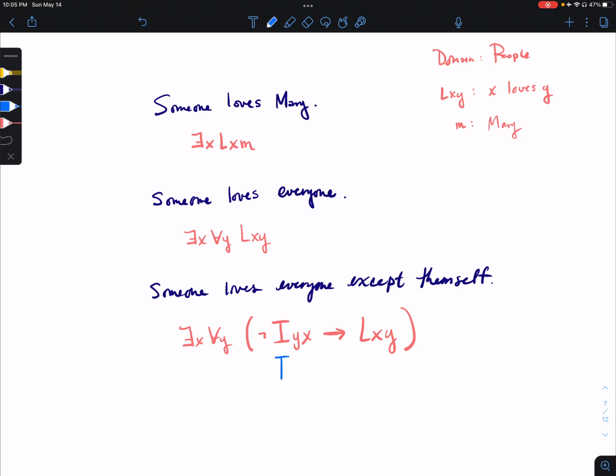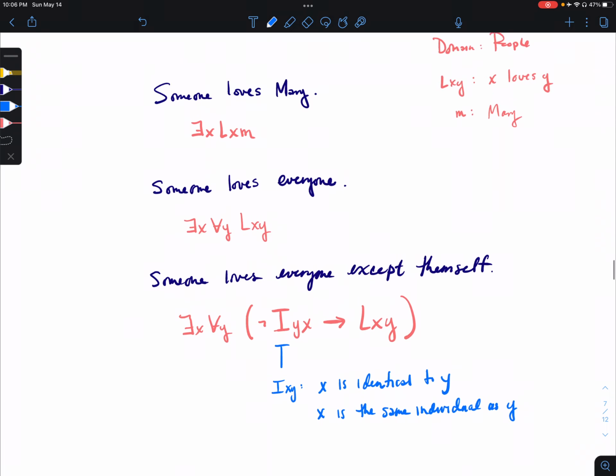So let's let this predicate, a two-place relation, mean, defining it as a predicate here, x is literally numerically identical to y, which is to say x is the same individual as y.